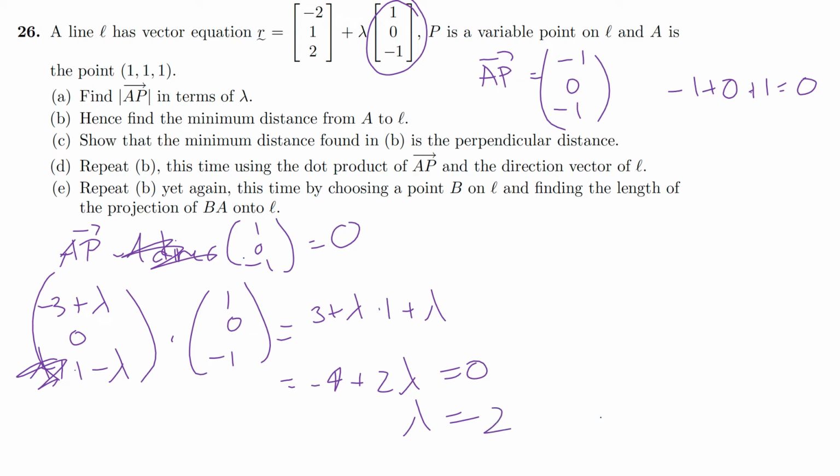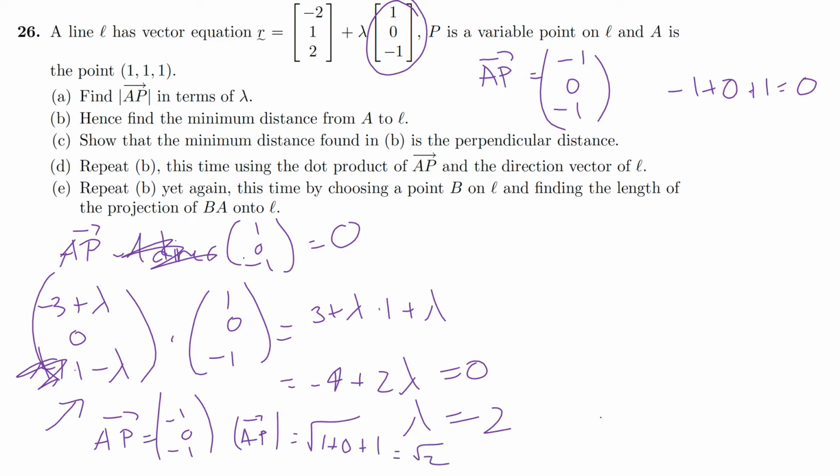If lambda is equal to 2, we could pop it back in and get AP being (-1, 0, -1), and the distance of AP being the square root of (-1) squared, 0 squared, and (-1) squared, which does give us that root 2. So we'd still get that root 2, just looking at it a different way.